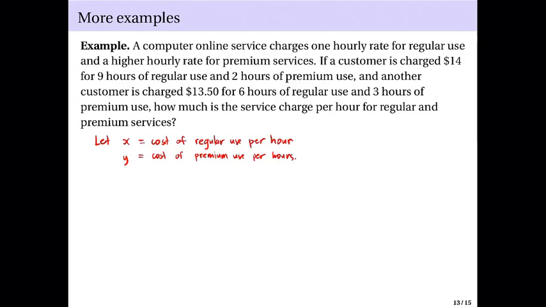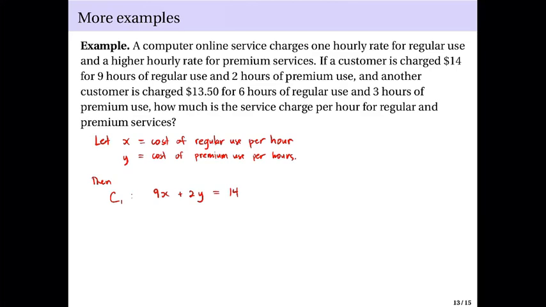And then for customer 1, let us write the information. The customer was charged $14 for 9 hours of regular use. So we have 9 hours times X plus 2 hours of premium use. So 2 hours times Y is equal to $14.